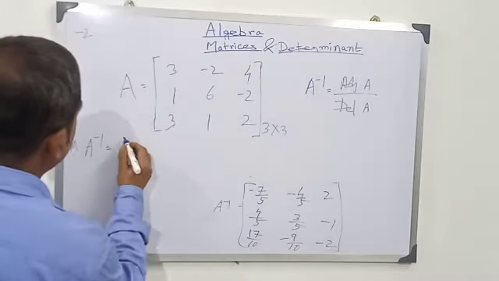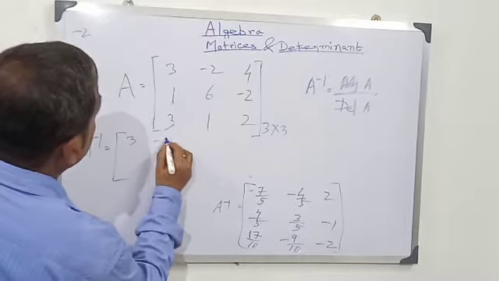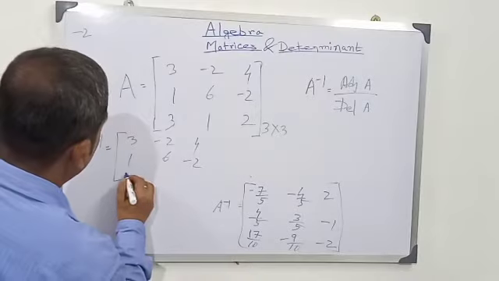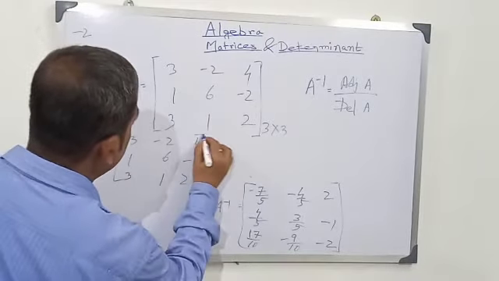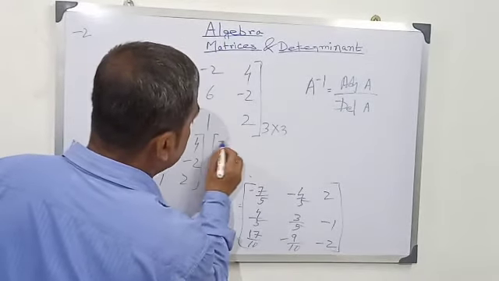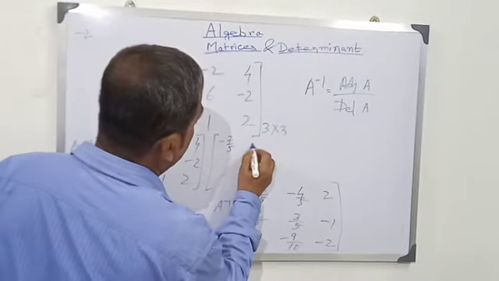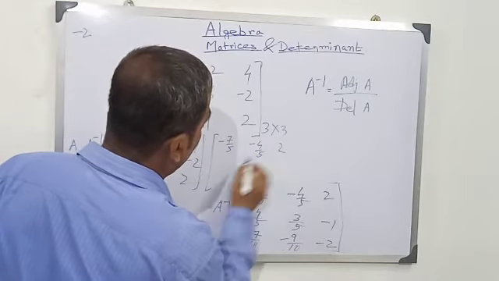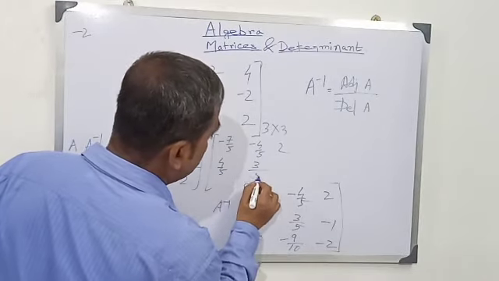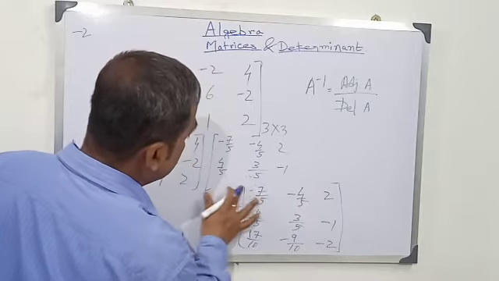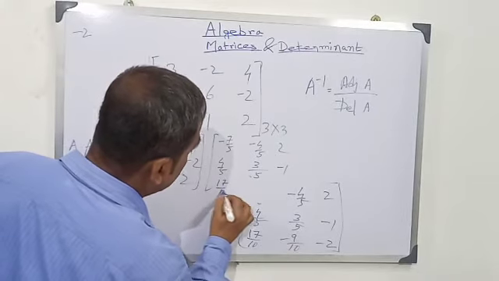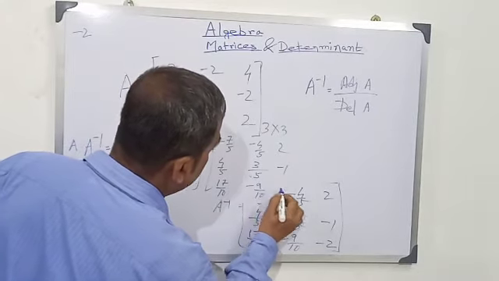Now I can write 3, minus 2, 4, 1, 6, minus 2, 3, 1, 2, and then I write A inverse, that is this one only: minus 7 by 5, minus 4 by 5, then 2, then 4 by 5, then 3 by 5, then minus 1, and then 17 by 10, minus 9 by 10 and minus 2.